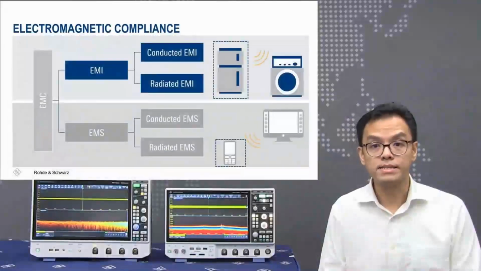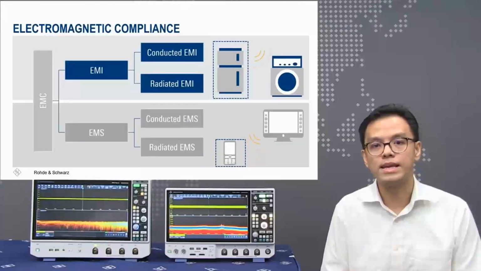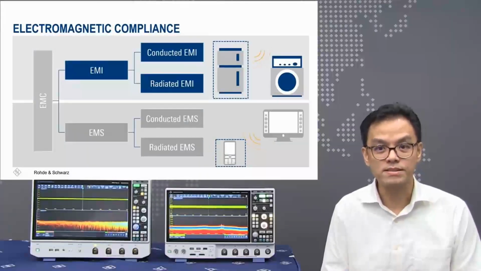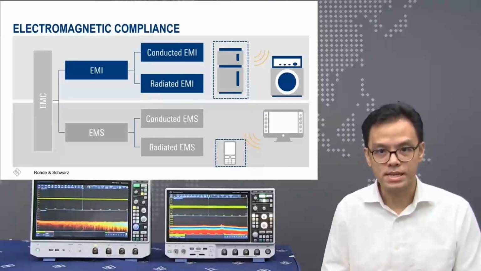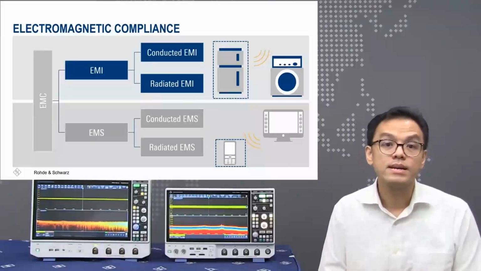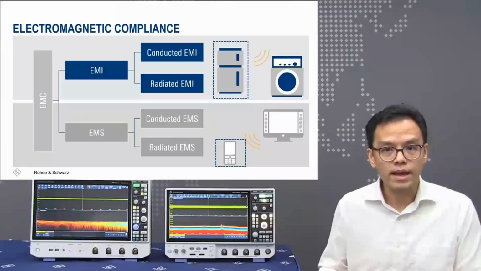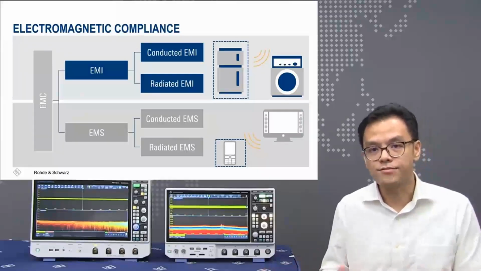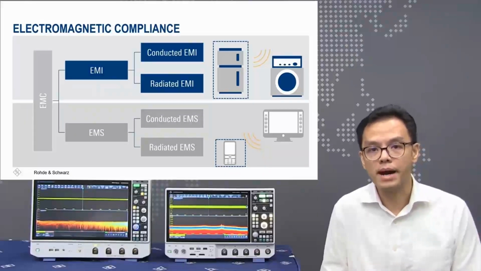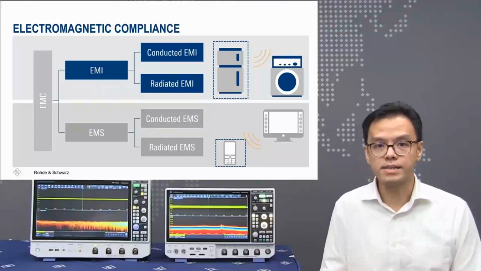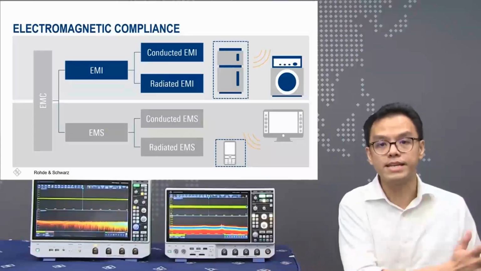EMC compliance primarily focuses on electromagnetic interference, EMI, and electromagnetic susceptibility, EMS. These are branched out to examine conducted and radiated emissions. For instance, when testing for EMI, we subject the device under test to both conducted and radiated emission assessments.